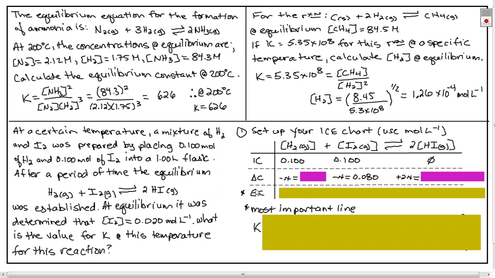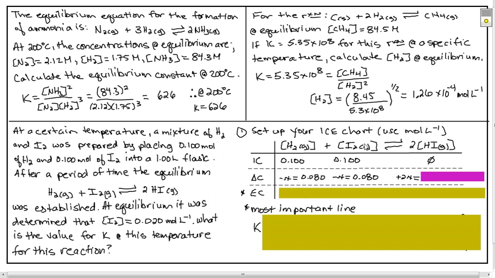That's my change in concentration. And it just so happens that the concentration change of I2 and H2 are going to be the same, so they are both changing by minus x. In both of these cases, we have the same amount of change happening, and it's 0.08 moles per liter.